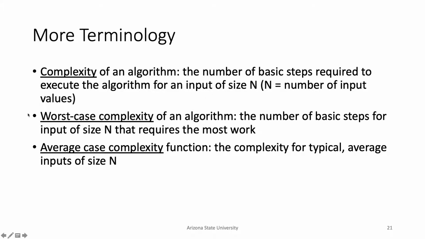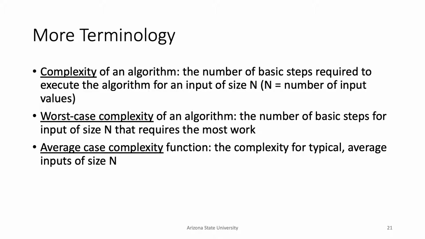So we often look at 2 different types of complexities. What does it do in the worst possible input? Think of me, or whoever you want, as a devil's advocate, and I'm trying to make your algorithm run as slow as I possibly can.